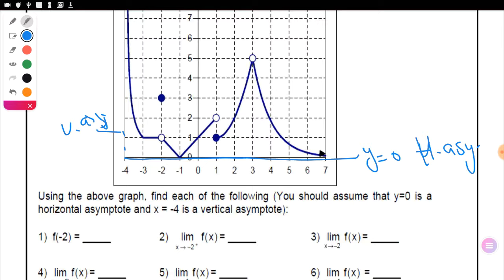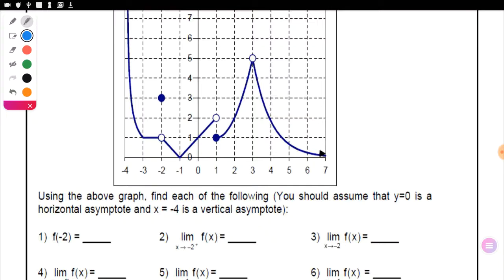The curve approaches this line but never intersects it. In another way, f of x in this case approaches 0 but never equals 0. Understand? Horizontal asymptote means y, or f of x, approaches it but never equals this value of y, which here is 0.